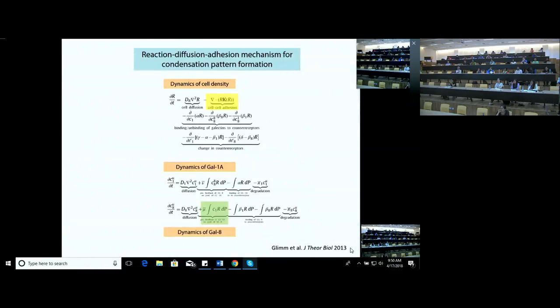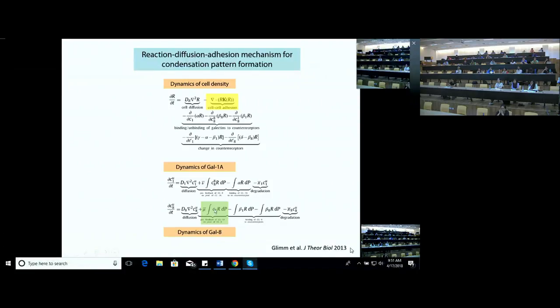Okay, so let's revisit this again. So the reaction diffusion adhesion mechanism for condensation pattern formation, we have the cell-cell adhesion term, and in this term there is a parameter, the beta, that is involved in the binding and the unbinding.